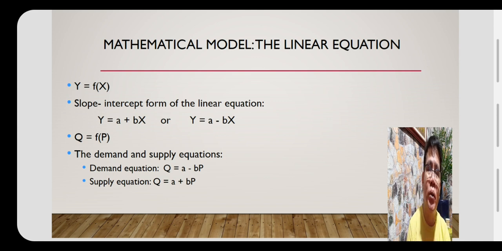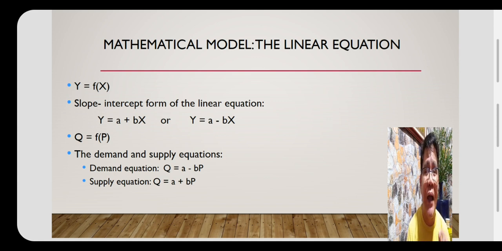A point on the line that intersects the main axis of y is called the y-intercept. And a point along the line that intersects the main axis of x is called the x-intercept. Now, if you will imagine a downward sloping line, it actually has its y-intercept and x-intercept.